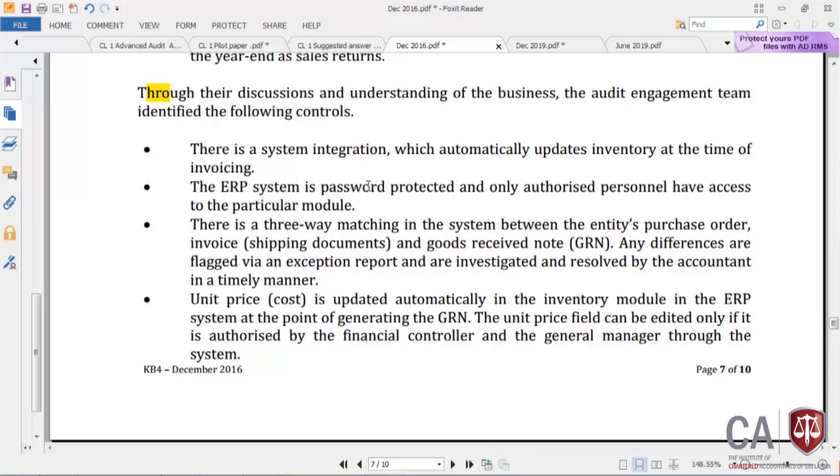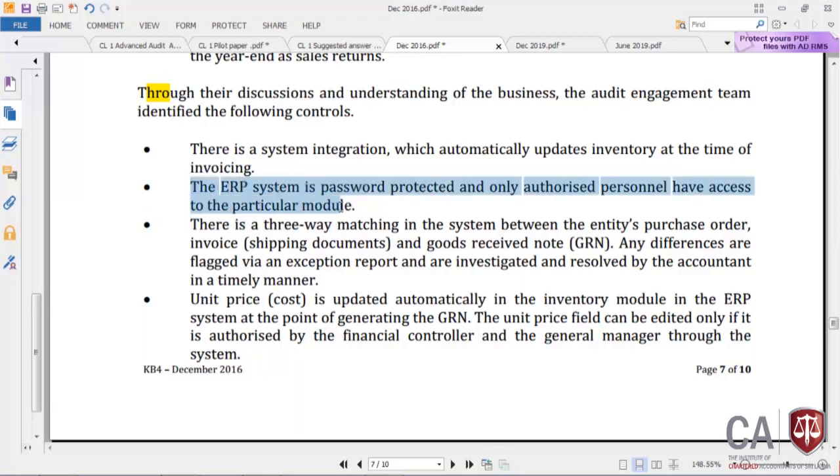Now, out of these controls, you are supposed to identify what are the general controls and what are the application controls. There is a system integration which automatically updates the inventory at the time of invoicing. It is not a control, it is a process. The ERP system is password protected and only authorized personnel have access to the particular module.